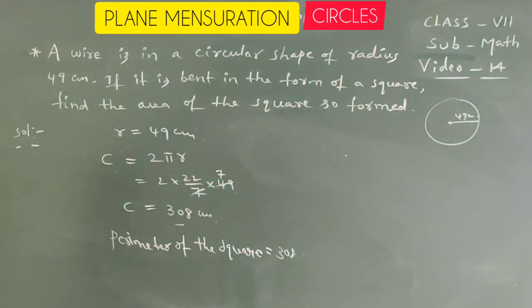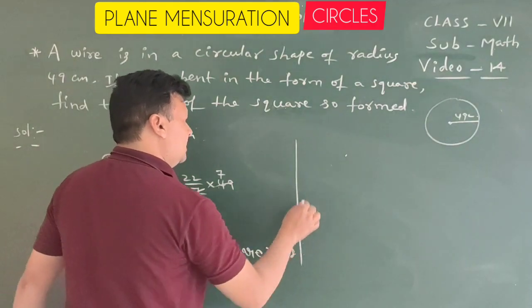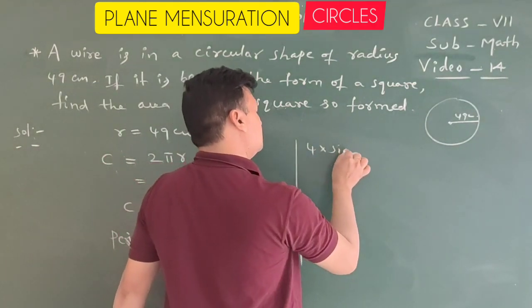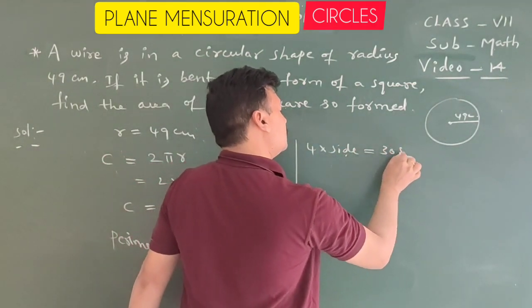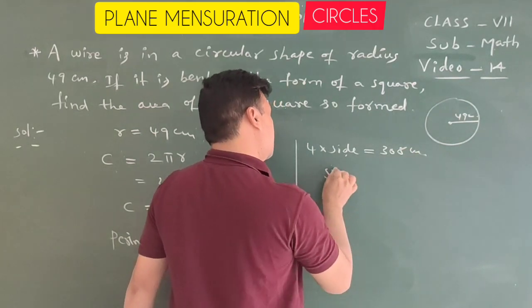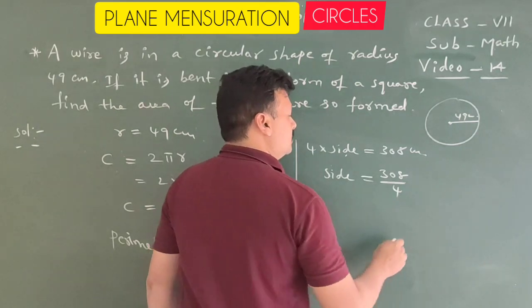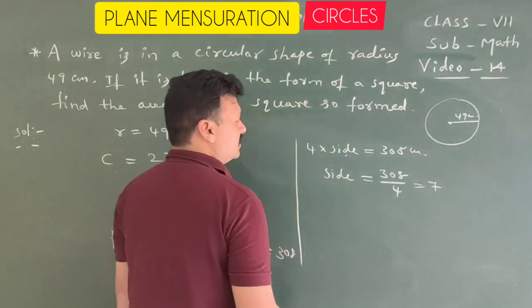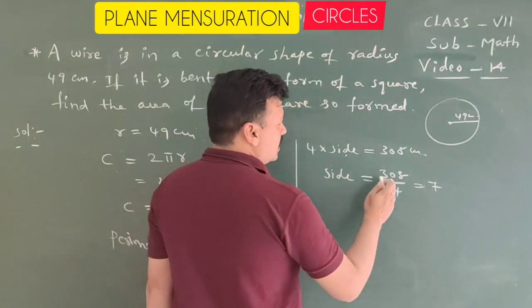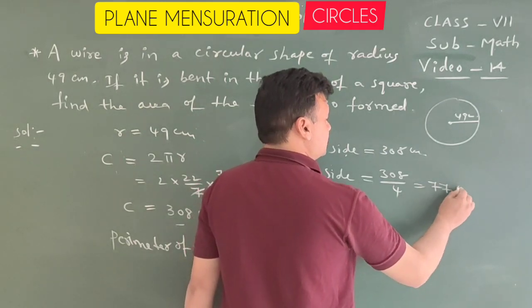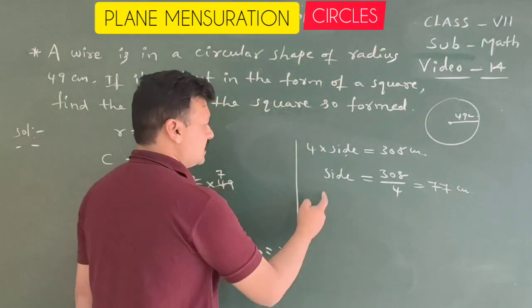So 4 into side equal to 308 centimeters. Now side equals 308 by 4. 7 4s are 28. Again, 77 centimeters is the side.